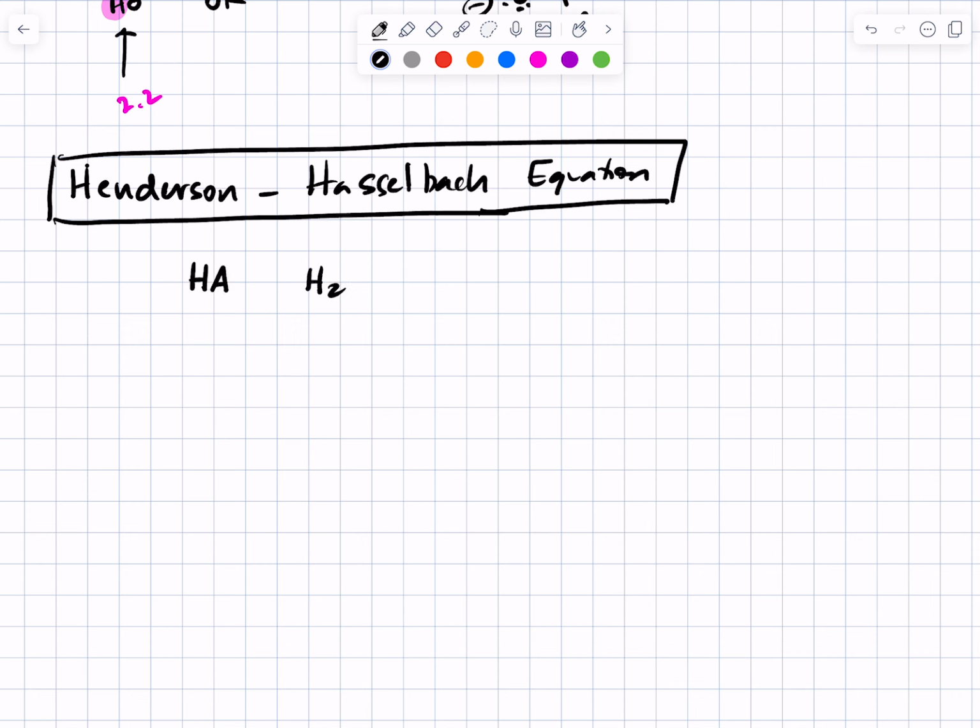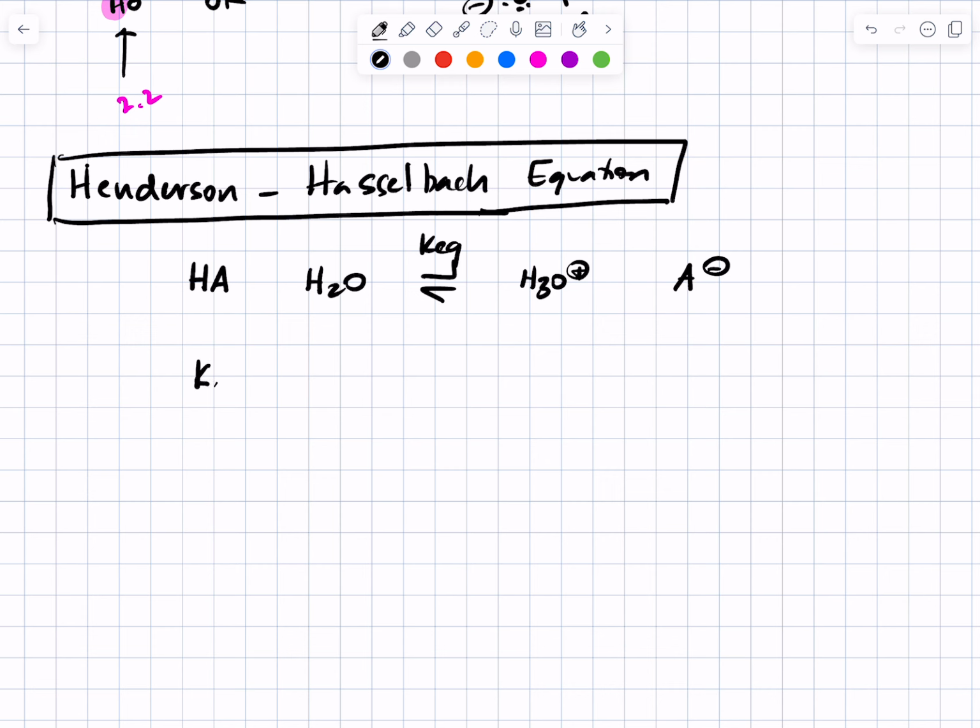So rather than memorize the equation, let's set up in equilibrium a generic acid with water. And water steals the proton, and then you've got the conjugate base. That should look really familiar to you from 351. This is actually what they meant in Gen Chem when they talked about acid dissociation anyway.